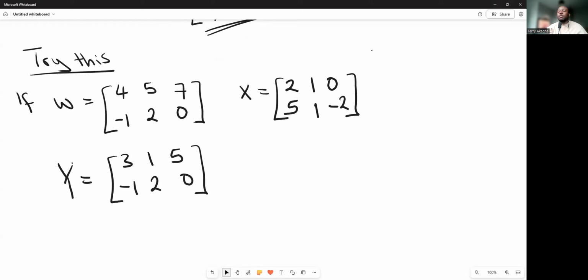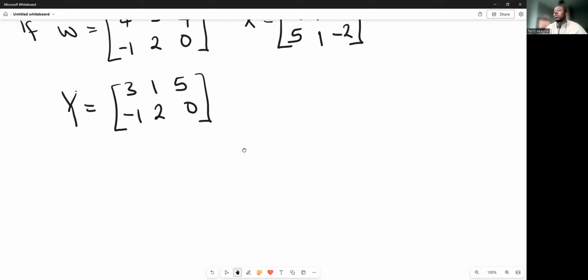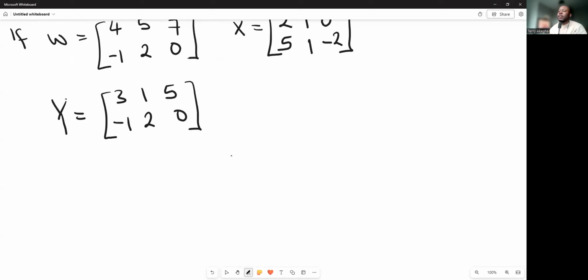Now we're told to find the following. Number 1, find 2W minus 3X plus 4Y.